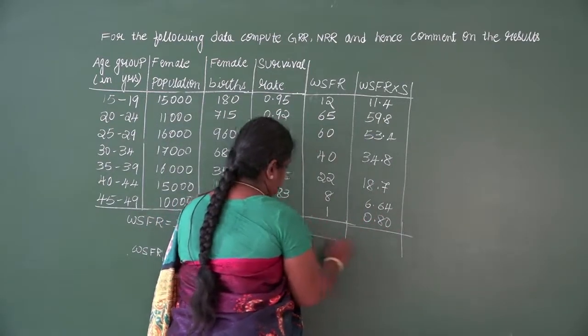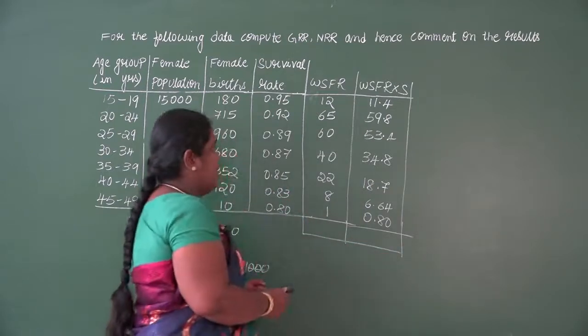Then do the total of WSFR and the total of WSFR into S.